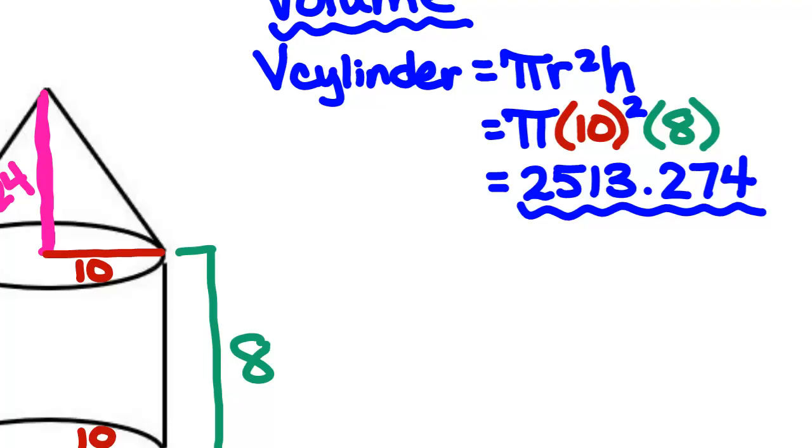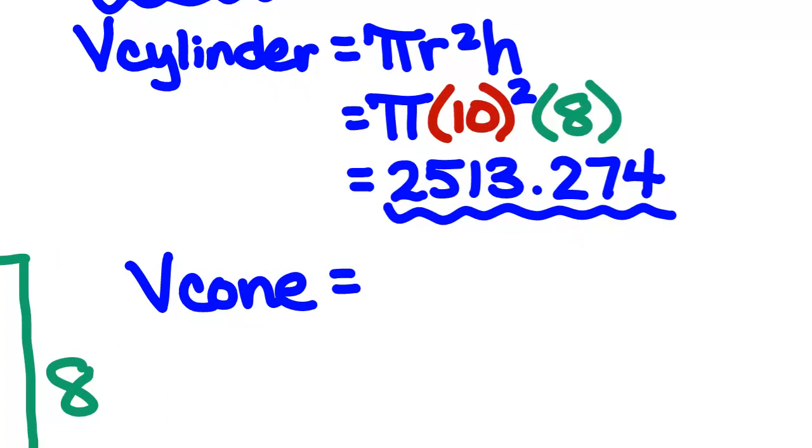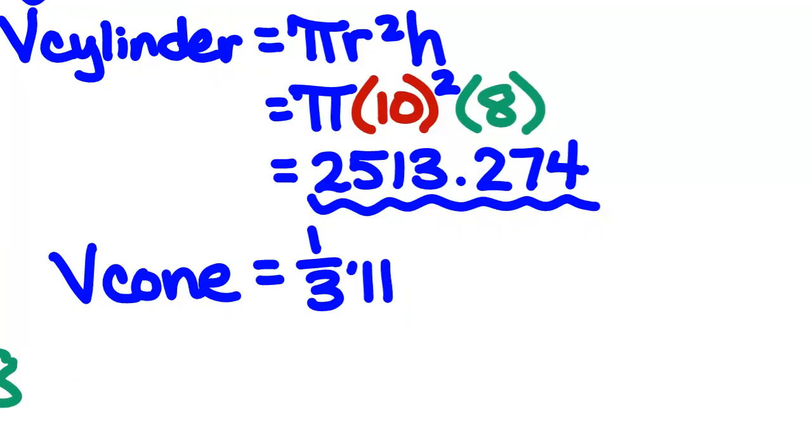Then to that we need to add the volume of the cone. To find the volume of the cone, that's 1/3 times the area of the base, which is pi r squared, times the height. Do we have units?